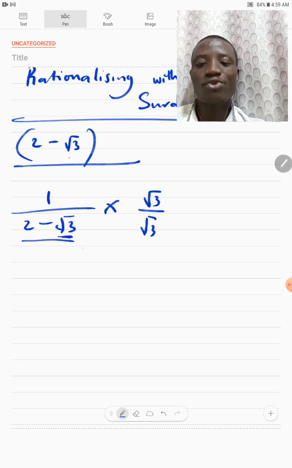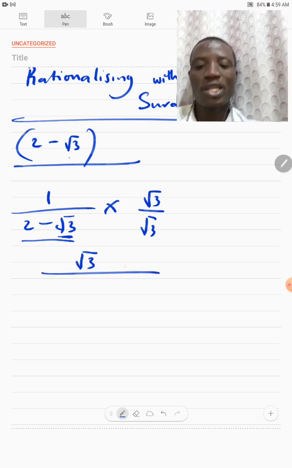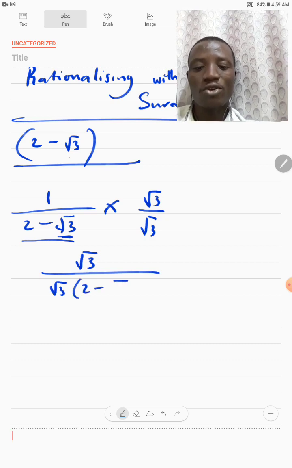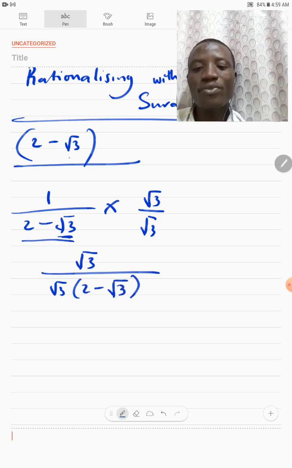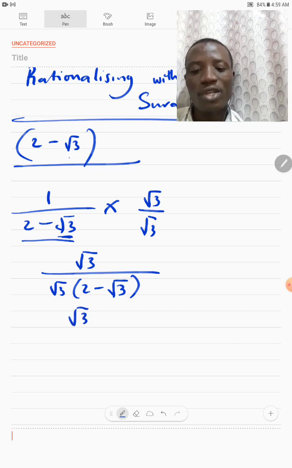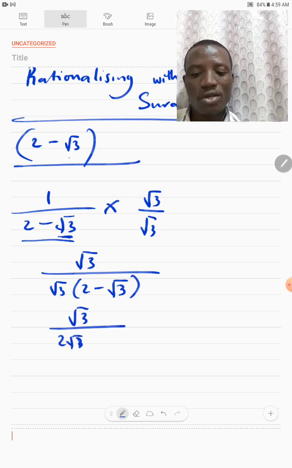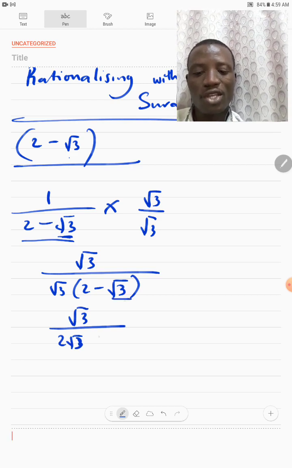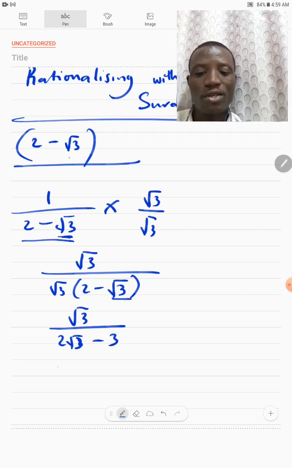1 times root 3 will give me what? Root 3, and then I'm going to have root 3 into bracket 2 minus what? Root 3. And then I will have root 3 over root 3 times 2 will give me 2 root 3, and then root 3 times root 3 will give me root 9, which will give me 3. So this is what you will have.